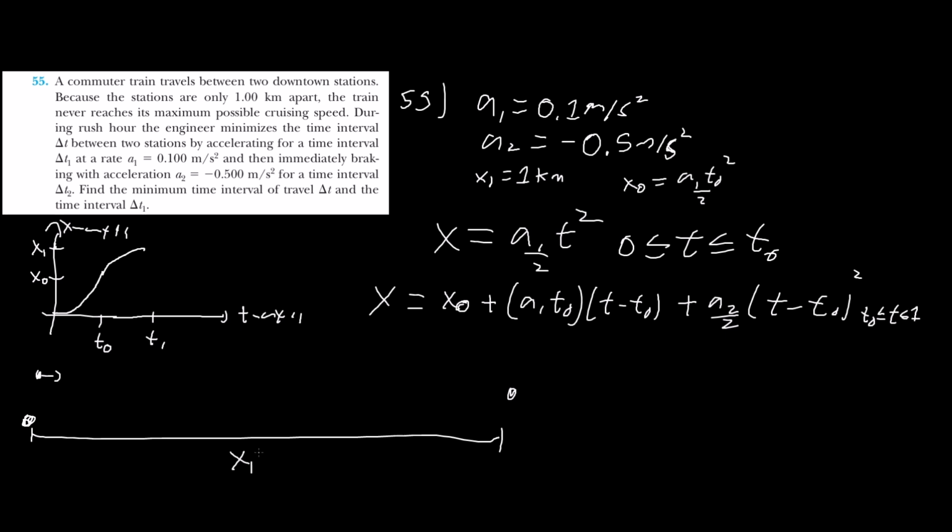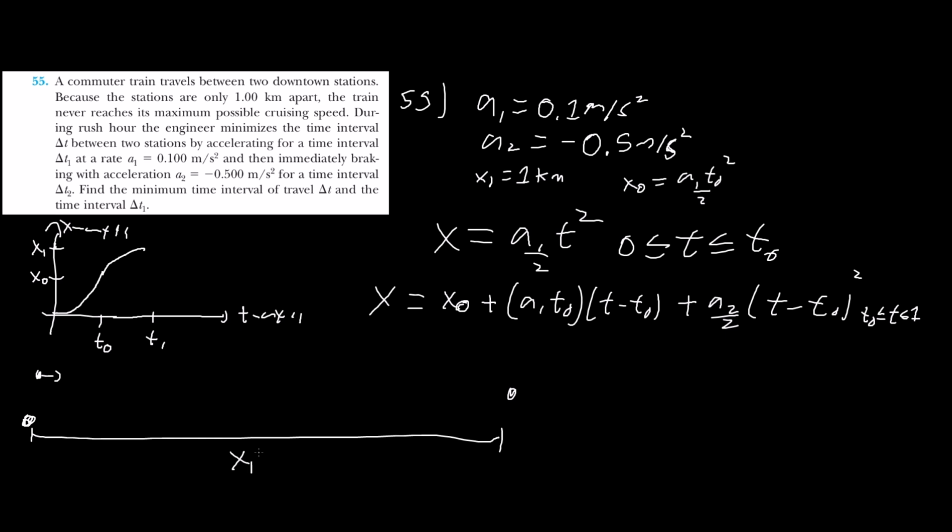So there's already the equation set up for you guys. The only unknowns are going to be t naught, t1, and t, apparently.